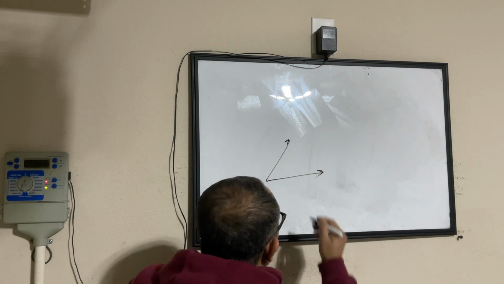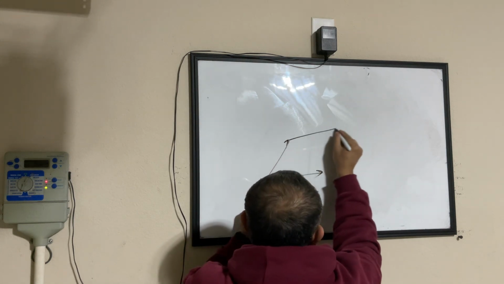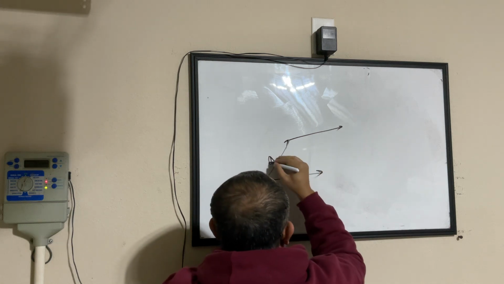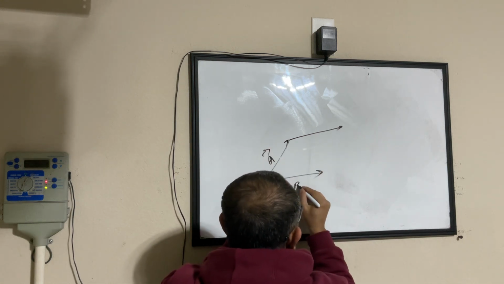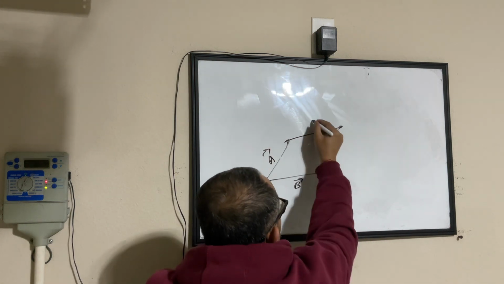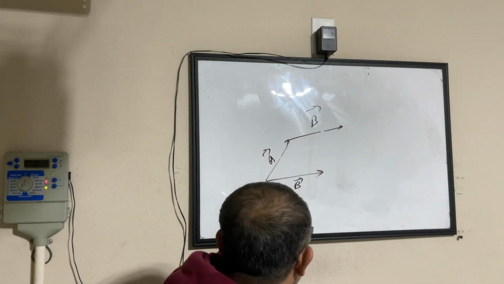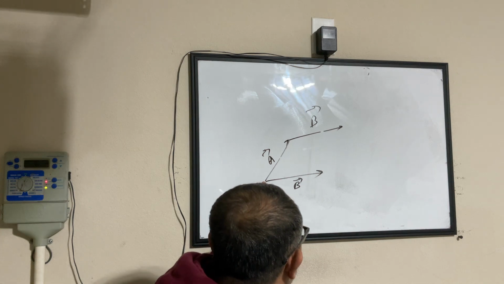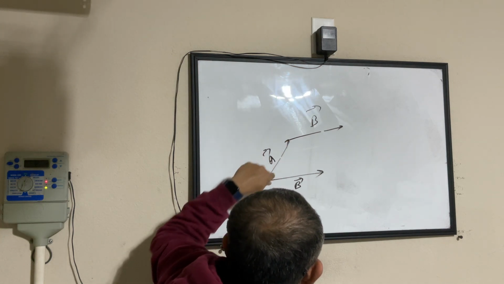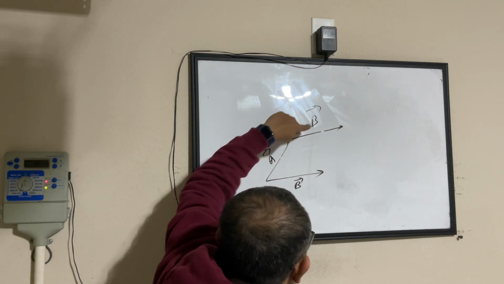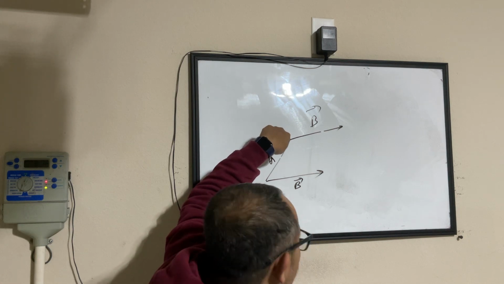So I have two options. I can connect B to the head of A. This is A and this is B. What did I do? I connected B's tail with A's tail, and I connected B's tail with A's head.